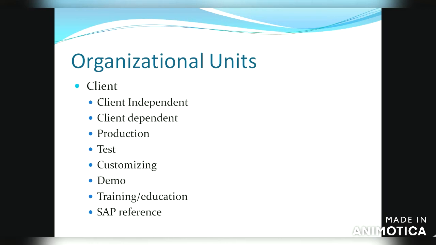That means all the ABAP programs, and all the organizational units, master data and transactional data are only available to that specific client. If we log into client 200, we can see all the client independent data, which is exactly the same as client 100, and all the data is specific to client 200.